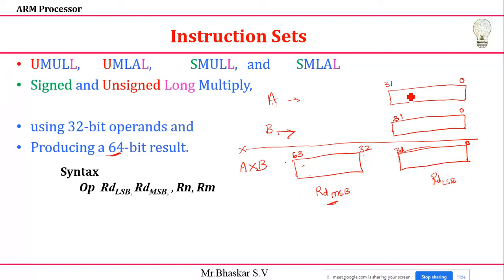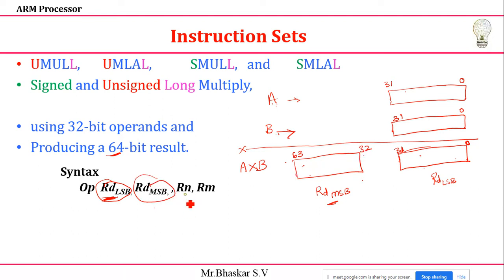So after multiplying a 32-bit value by a 32-bit value, I'll get a 64-bit result. The lower 32 bits will be stored in the first register you give, the complete LSB word, and the next register will store the MSB part.